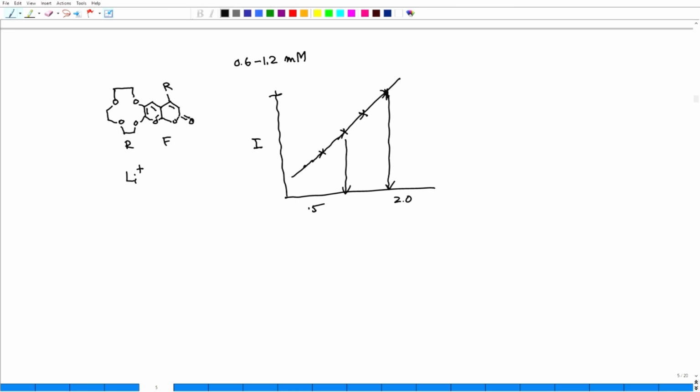So, this is a lithium sensor, another lithium sensor, let me write, this is another lithium sensor. And here my fluorophore is the naphthyl group.